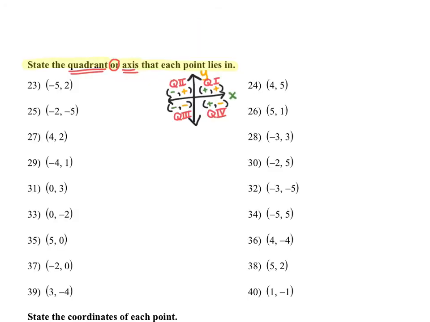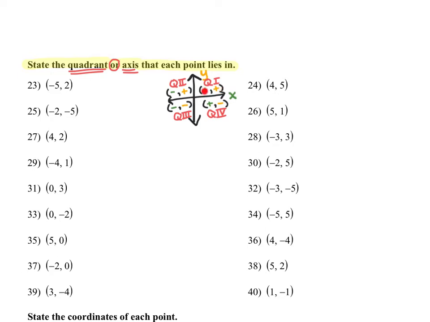In this next section, we're going to state the quadrant or axis that each point lies on without having to graph it. Because again, from the beginning of our notes, we know our coordinate plane is divided into 4 sections, quadrants 1, 2, 3, 4, and we know that some points can fall on the y-axis, some points can fall on the x-axis. So we can just look at the ordered pairs and determine where each falls by looking at the values.